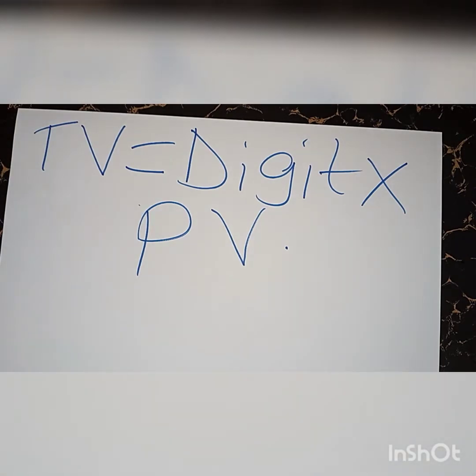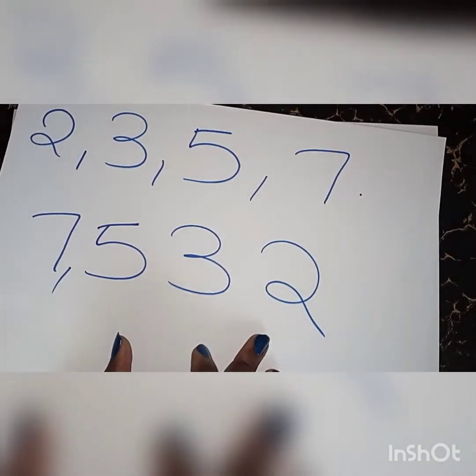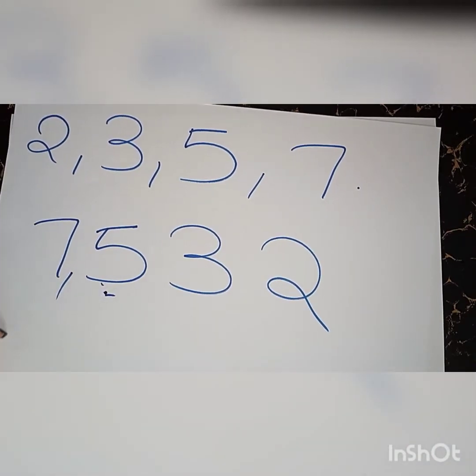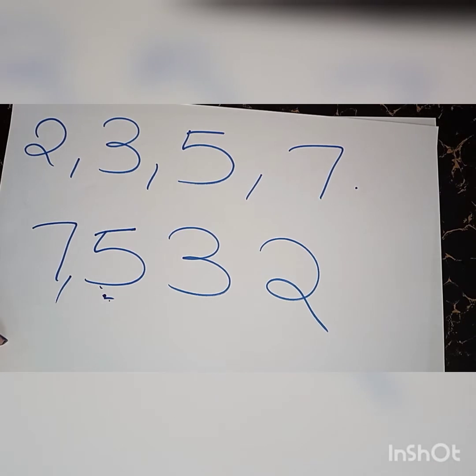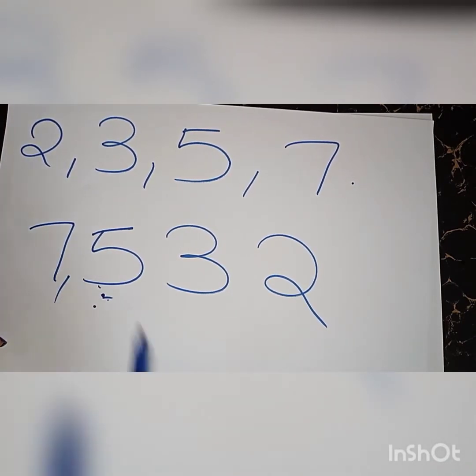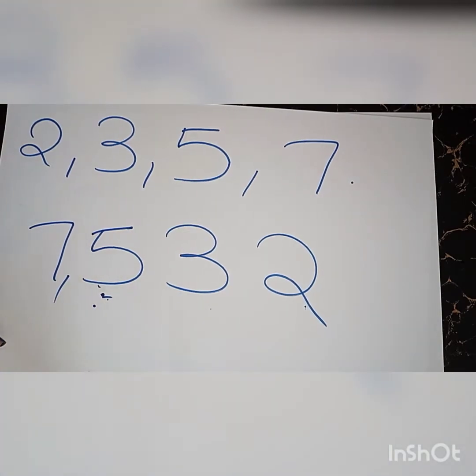So what is the total value of the second digit in this number? The second digit in this number here is 5, okay? This is the second digit. So what is the total value of 5? The total value of 5 is 5, the digit, times the place value. The place value of 5 is ones, tens, hundreds, okay?